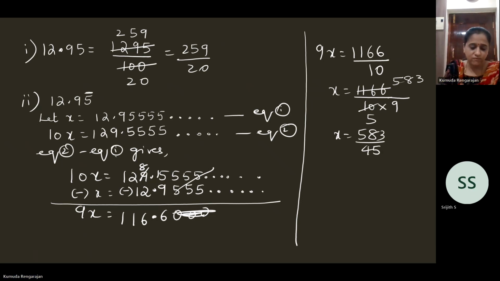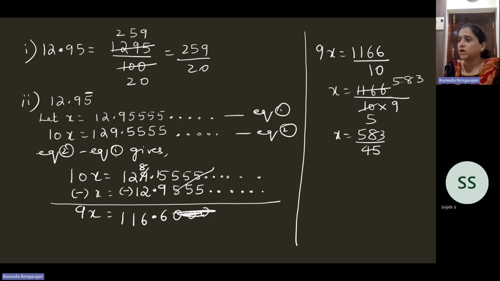Now 583 divided by 45 is 12.95 repeating. 583 by 45 is 12.95 going on forever. So you have taken the question incorrectly.